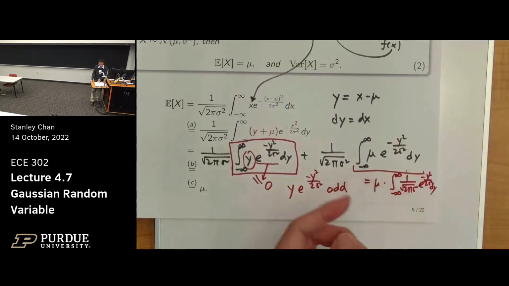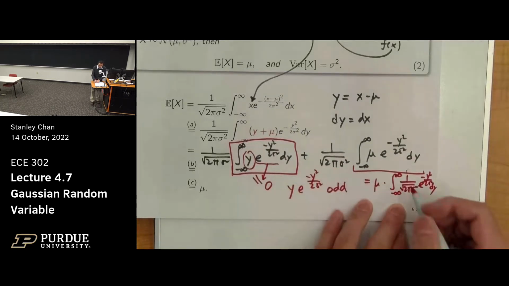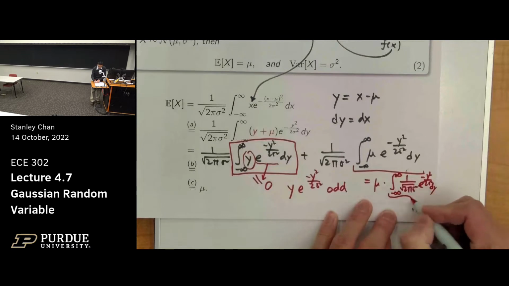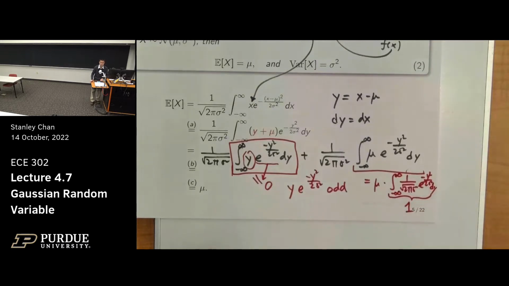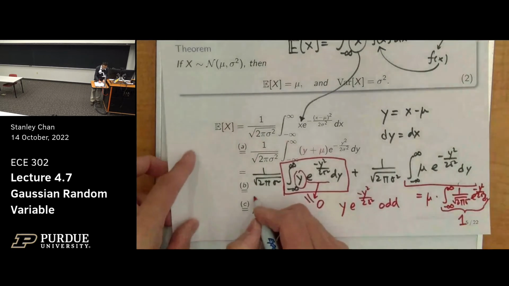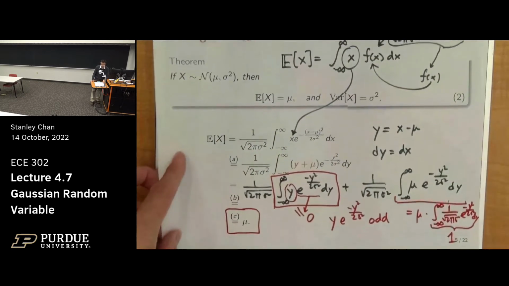Then I'm looking at this integral. Let me tell you, this is 1. It is 1 because you're integrating the PDF of a Gaussian random variable. In fact, if you integrate the PDF of any random variable, you're going to get 1. And so you will end up having 0 plus mu, and therefore the expected value of x is just mu.